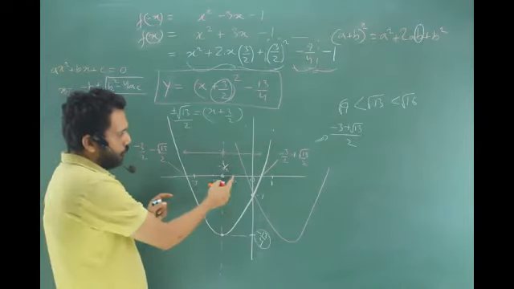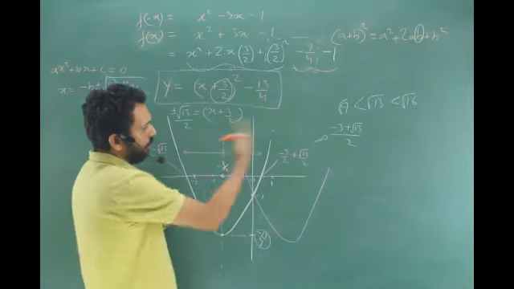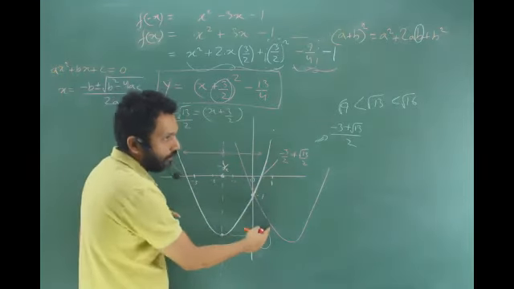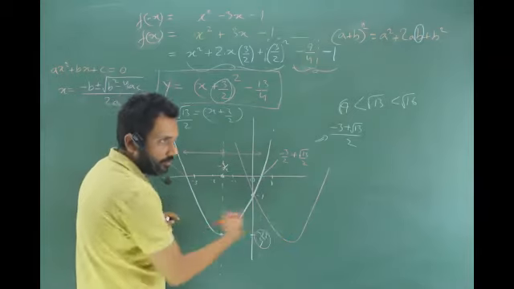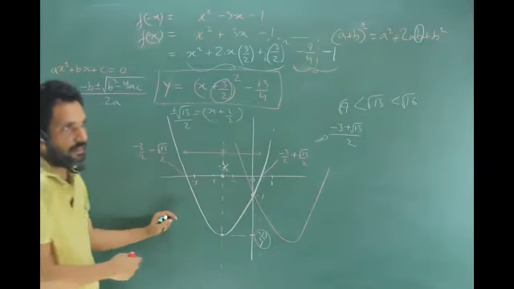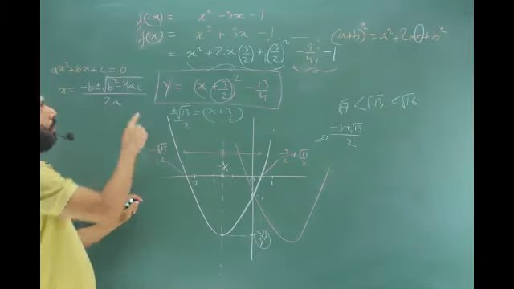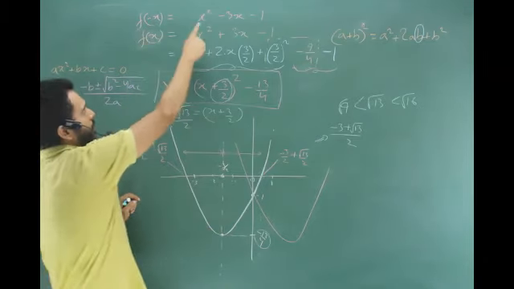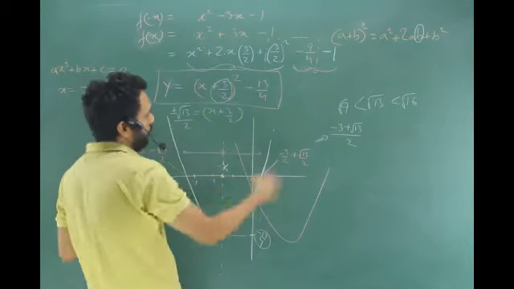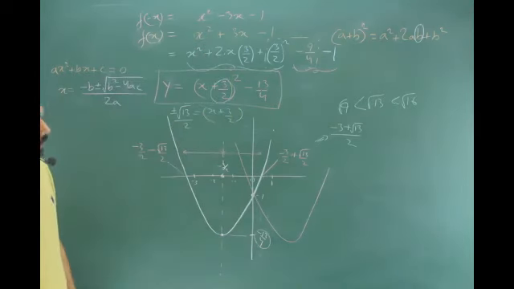If f of minus 1 happened to be this much, then in the other graph f of plus 1 will be the same thing. It was a reflection, right? So by calculation also you'll get the same thing, but by logic it will come much faster, that this is f of minus x and hence it's a reflection. Are you understanding? Yes, sir.